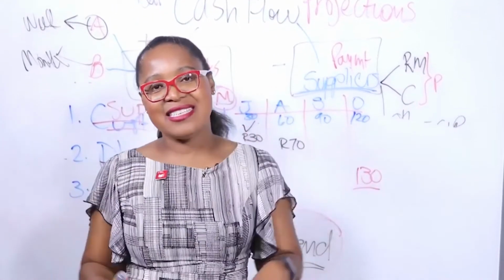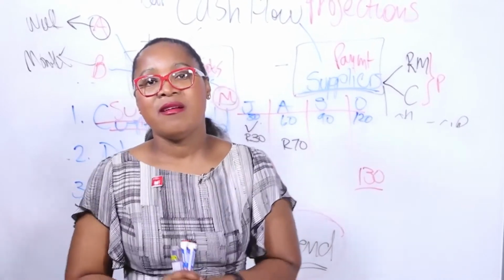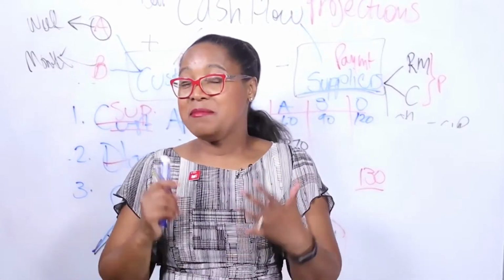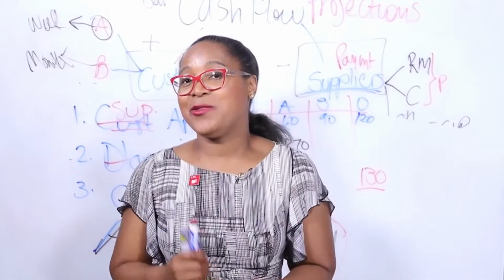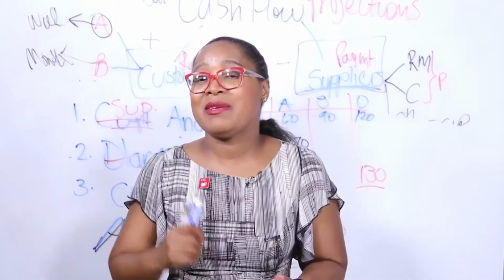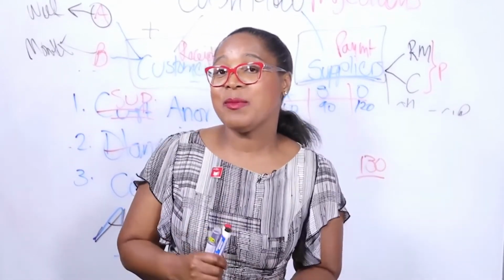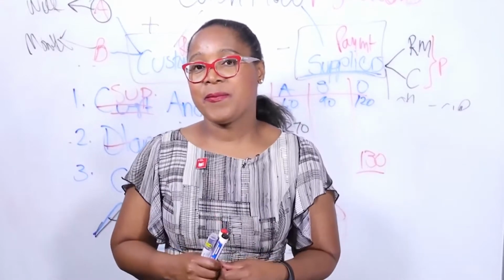Let me just run it down for you. First, it means that you're going to need to have the books kept up to date for you to manage your cash flow.